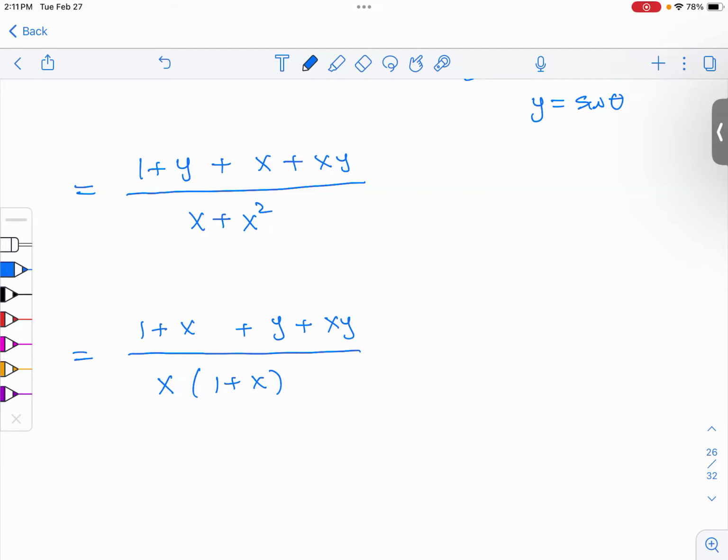Is there a technique that you know to factor four terms? You remember? Factoring by grouping. It's basically the only way you factor four terms. You look at two terms at a time.